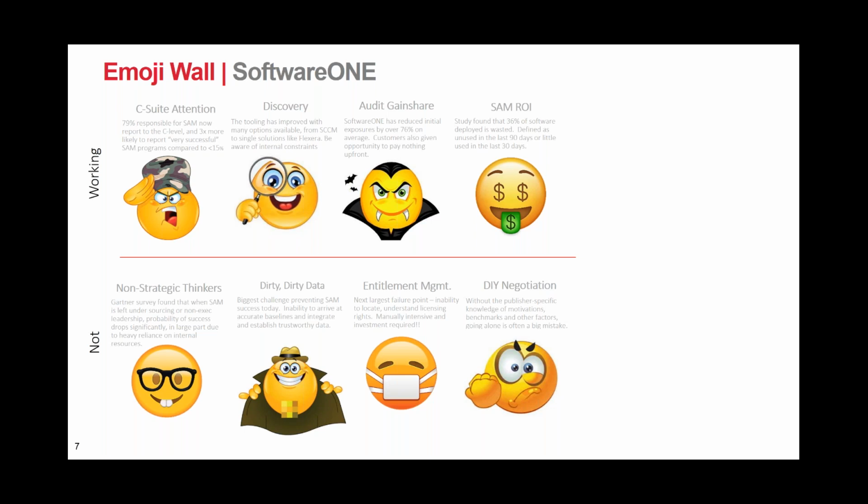Just real quick, what's working and what's not. First, C-suite attention. Folks that think about SAM and come at it from a strategic nature are seeing three times the success rate of non-strategic SAM programs. Strategic means programs that are aligned with or run by a CIO or CEO.